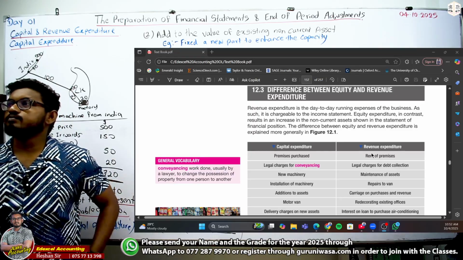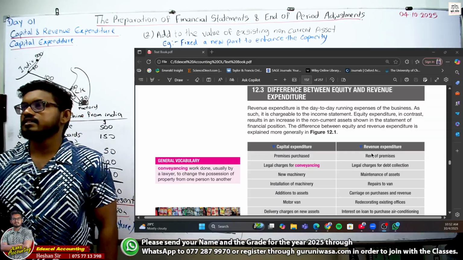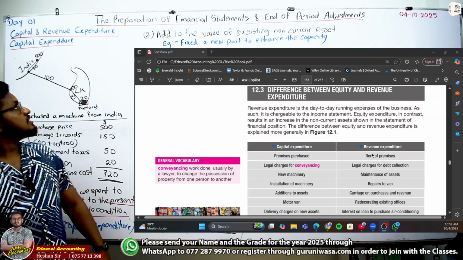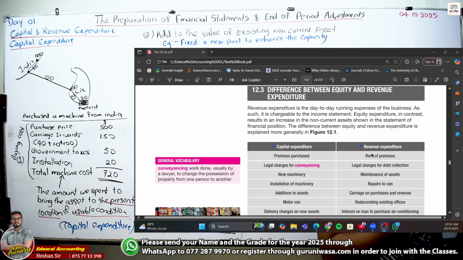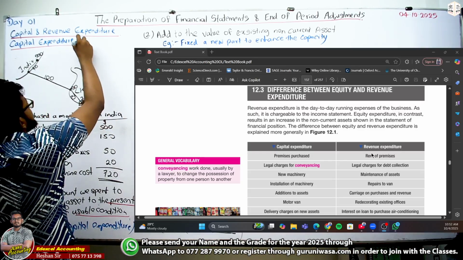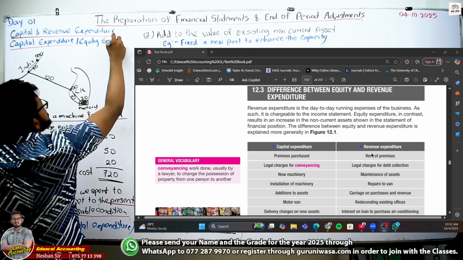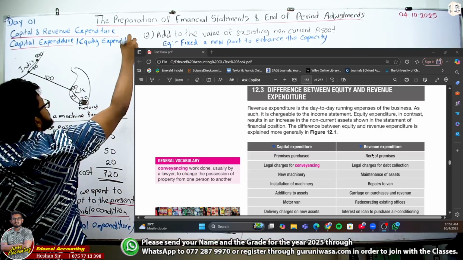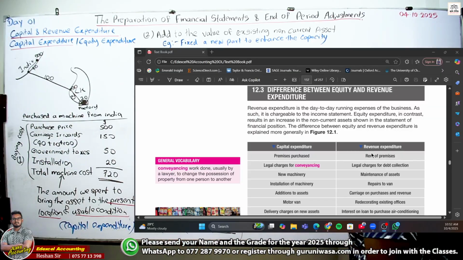Another word for capital expenditure you can write is equity expenditure, right?